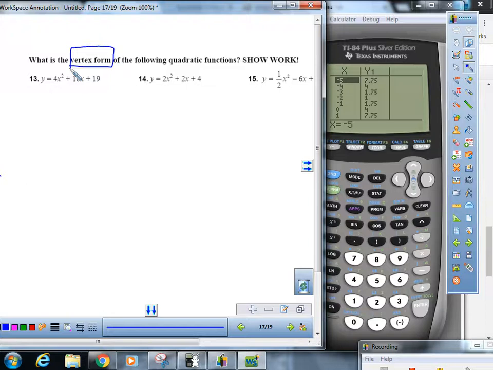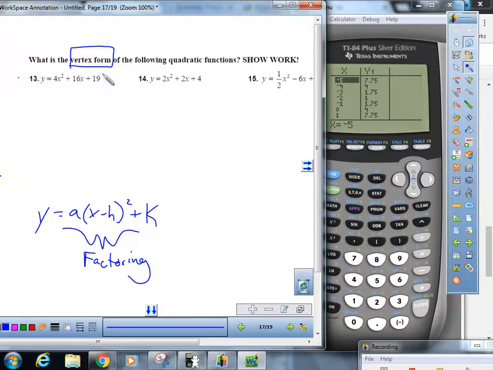So, when it says, what is the vertex form? Well, we need to get this equation and write it as y equals a times x minus h squared plus k. Right here is where the factoring comes in. We can forget about the 19 for a second. Just leave it out. That's going to be our k.